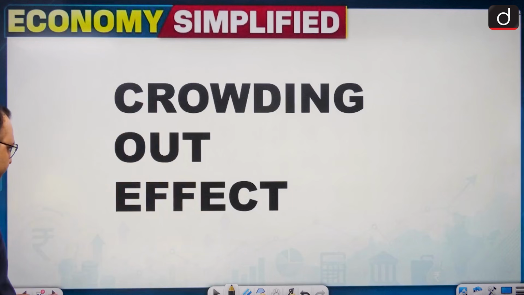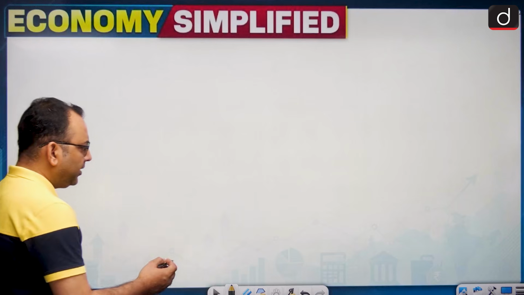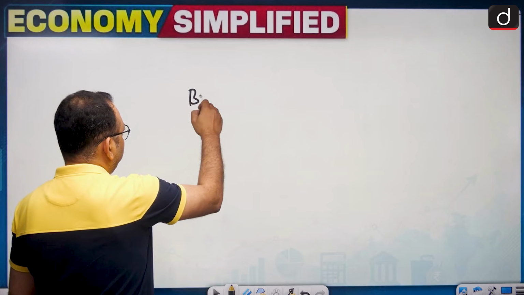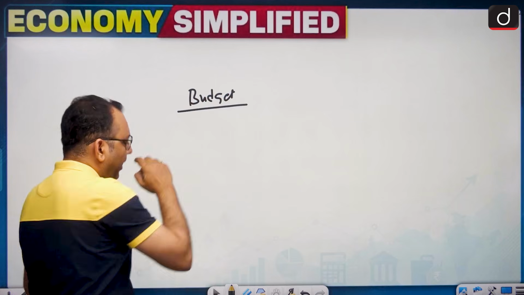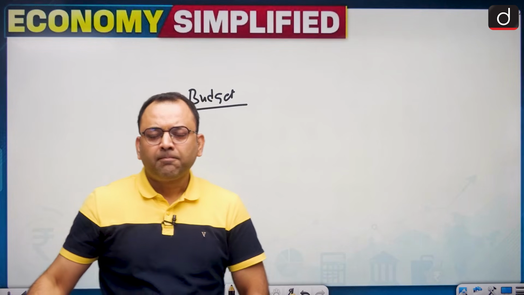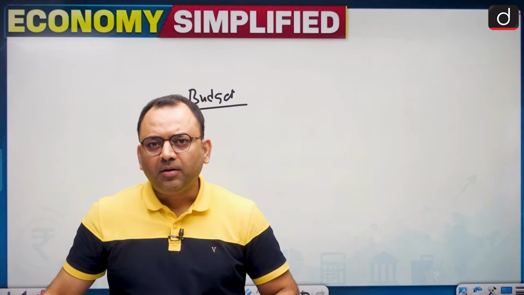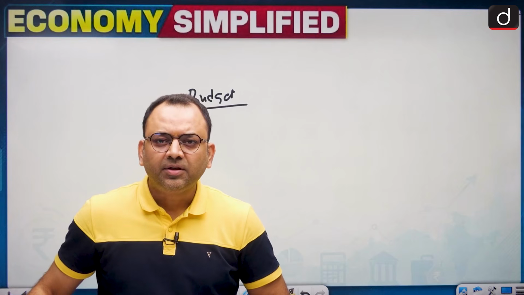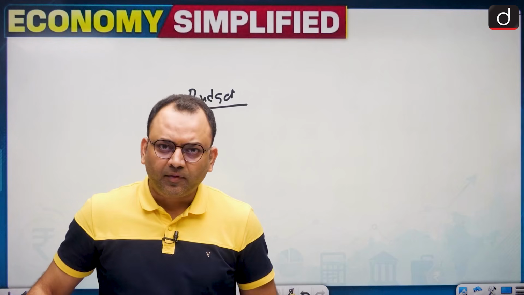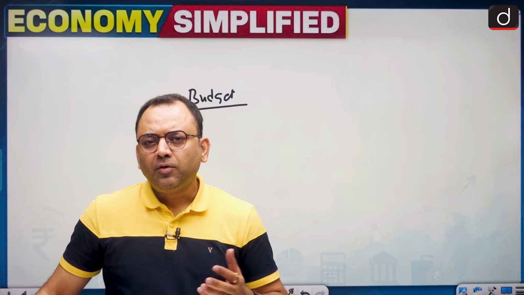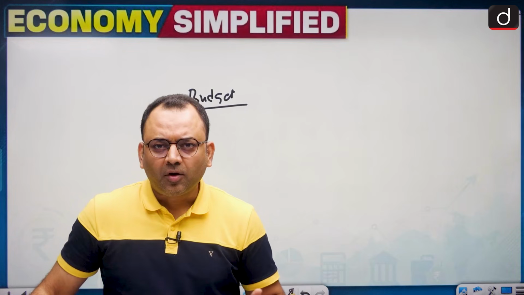Friends, we understand the concept of the budget, right? The budget is the government's statement on the upcoming year's expenditures, receipts and borrowings. And the budget, we know, has deficits or surplus.